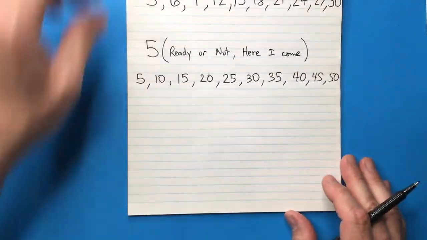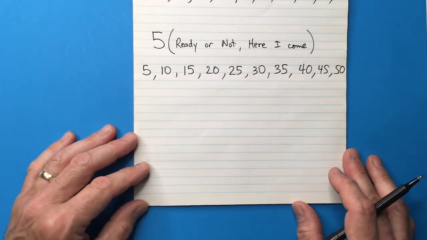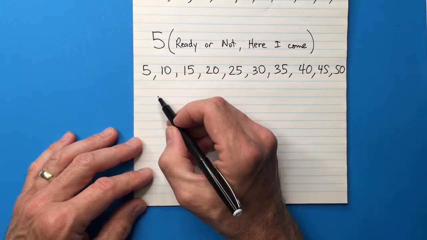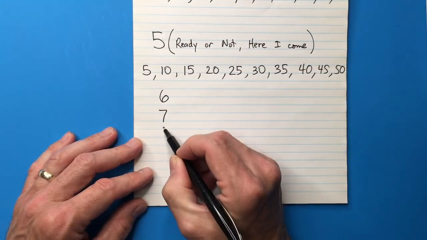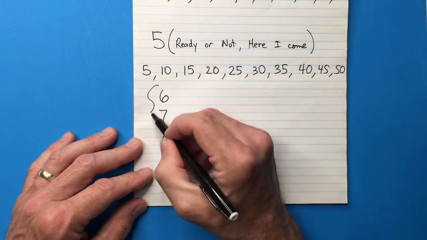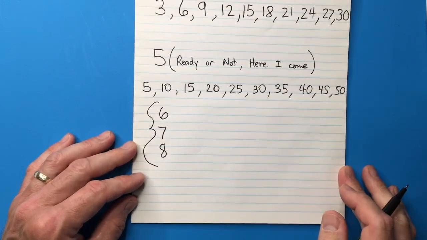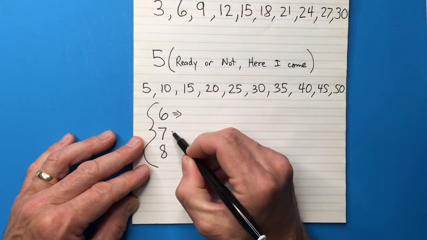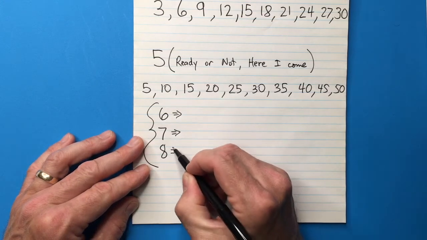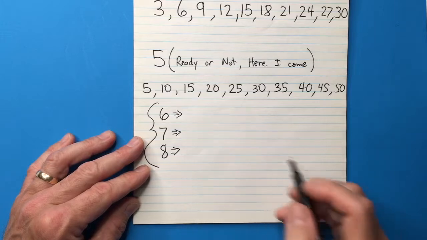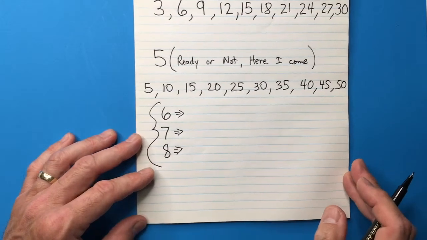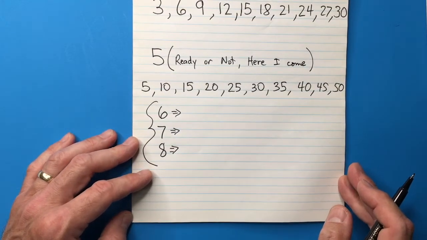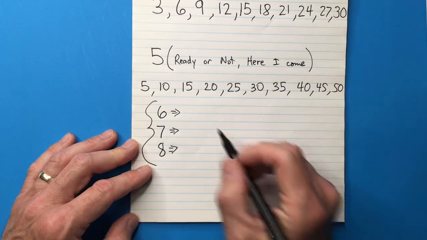Now some numbers are a little bit more difficult to skip count by. For example, 6, 7, 8. These are 3 numbers that are probably the most difficult to skip count by. Learning these will be the hardest of all the numbers, but if you can learn them, learning multiplication facts later will be much easier.